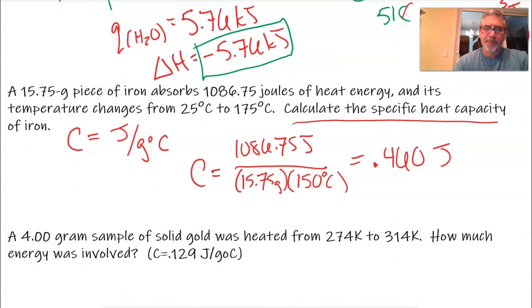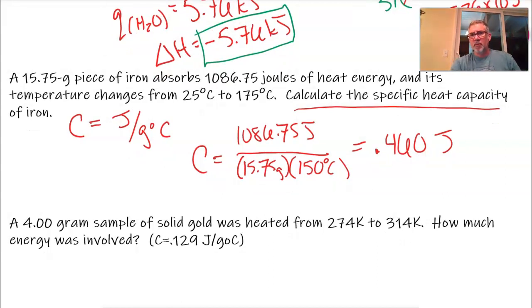All right. So I get 0.476 joules per gram Celsius, which makes sense.